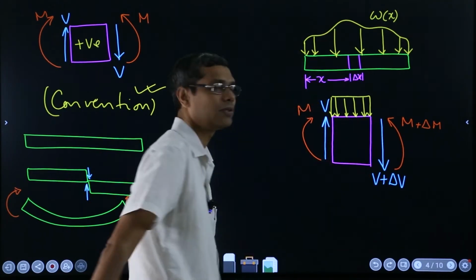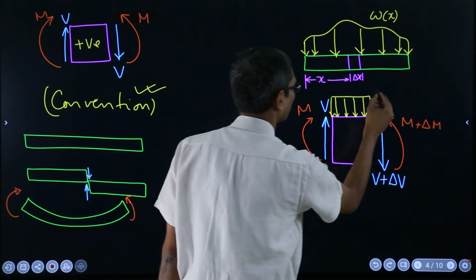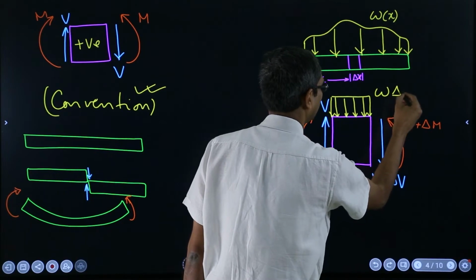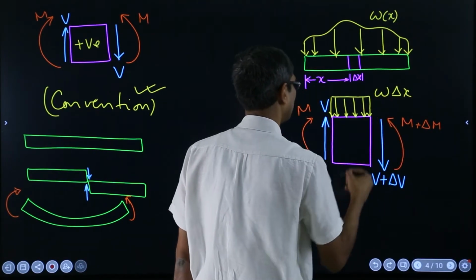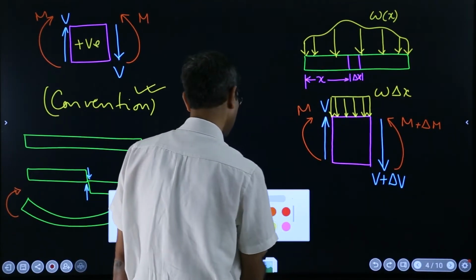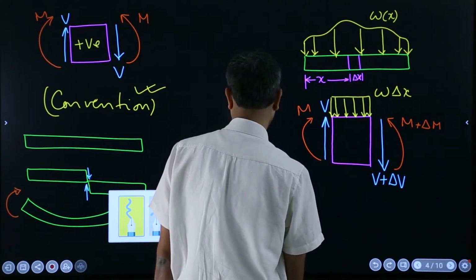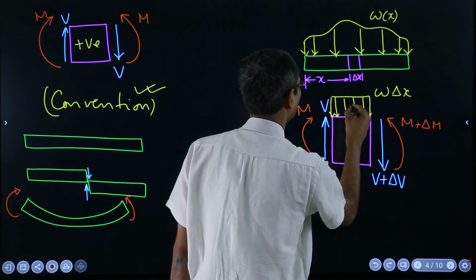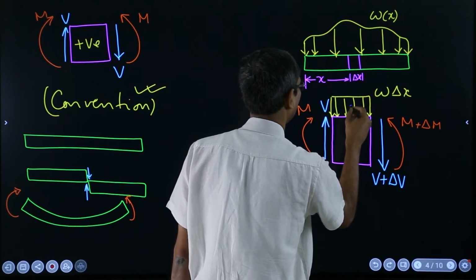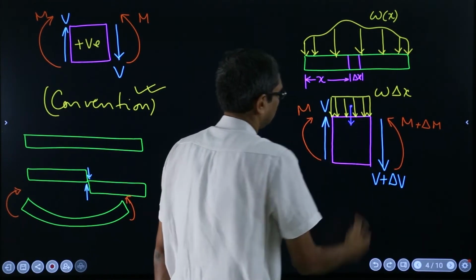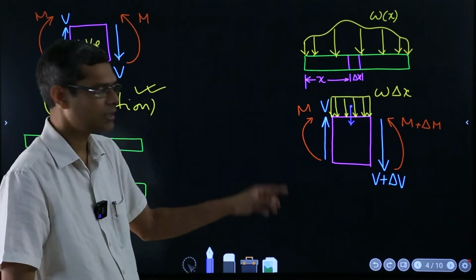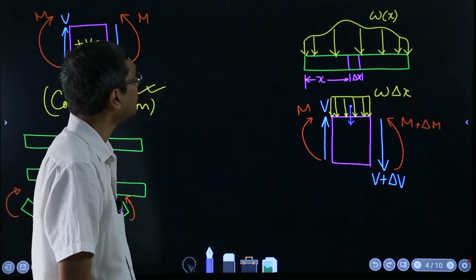So W delta x is the total load which is acting, and equivalently it gets applied at the midpoint. While calculating the moment, this is the easier way to calculate that. Okay, let's see.